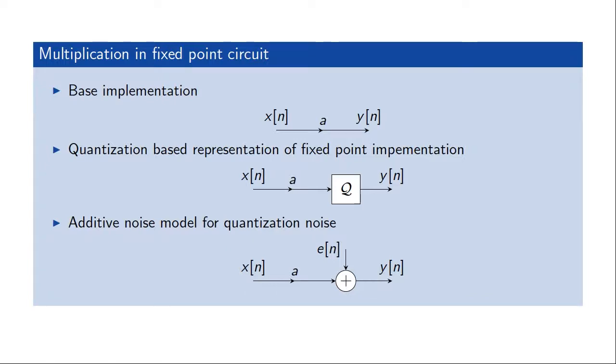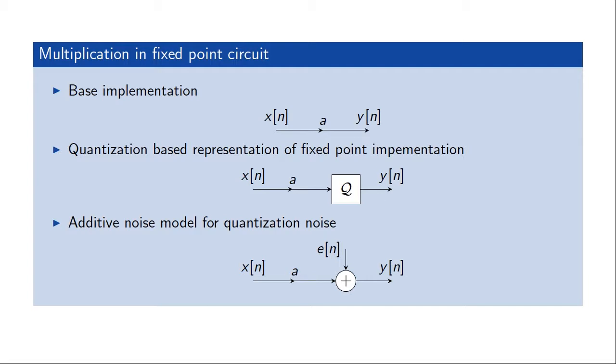So looking at the base implementation of having a signal x of n, which gets multiplied by a constant a here to yield an output signal. What happens in a fixed point implementation is in fact that you have the signal x of n, it gets multiplied by this coefficient, but then immediately after it gets quantized in order to fit within the number format to yield the output y of n.